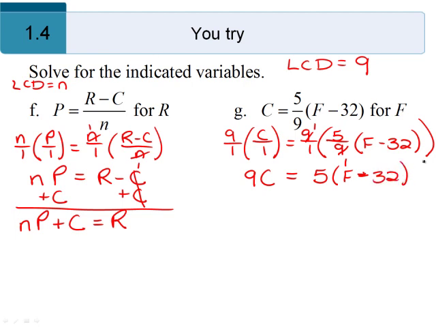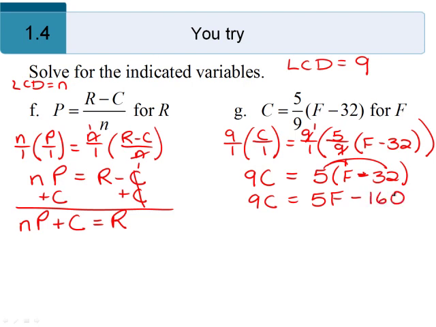So hopefully you heard all that. 9C equals, the 9's cancel here, and you get 5 times F minus 32. Now bring down 9C, and we're going to have to distribute the 5. So we have 5F, and 5 times negative 32 is negative 160.